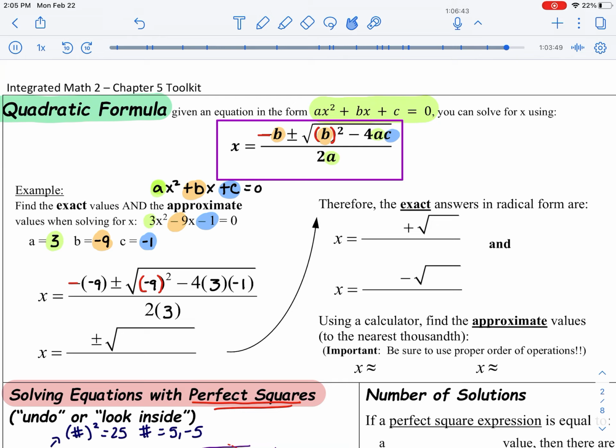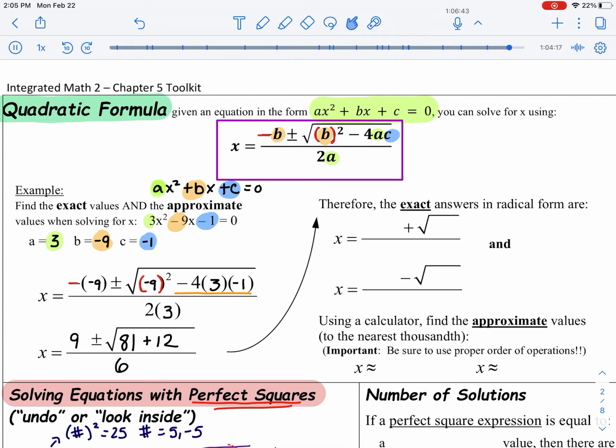Simplifying down, the opposite of negative 9 is 9, plus or minus the square root. Negative 9 squared is 81. Negative 4 times 3 times negative 1 gives me a plus 12. All divided by 2 times 3 equals 6.